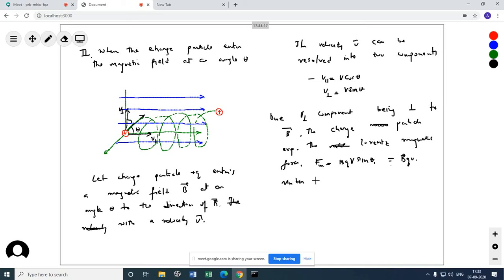Under this force, the particle follows a circular path.